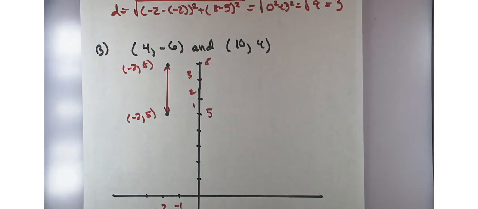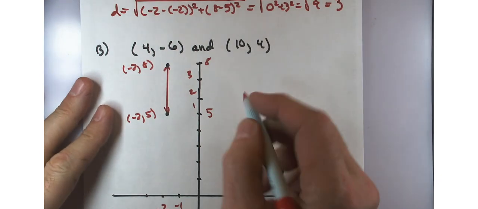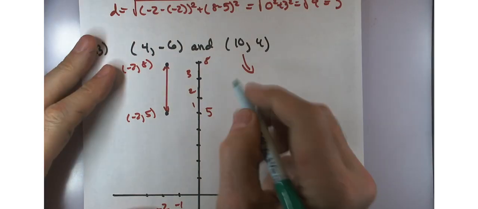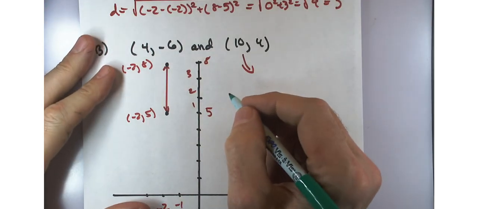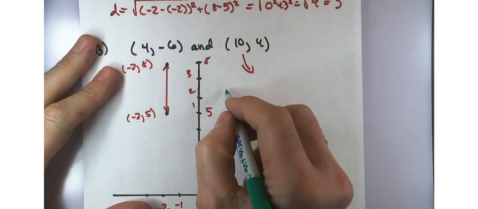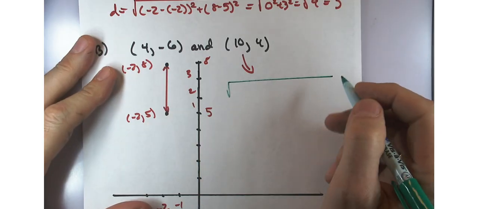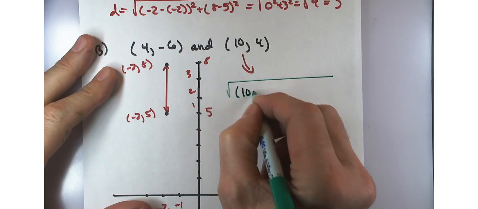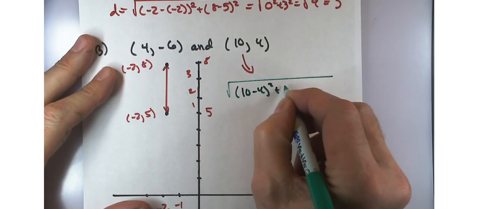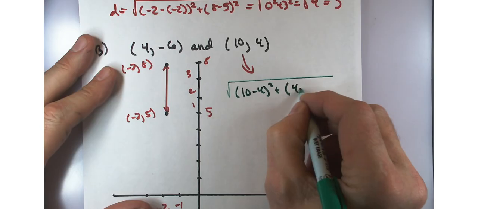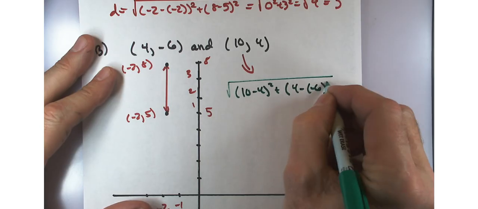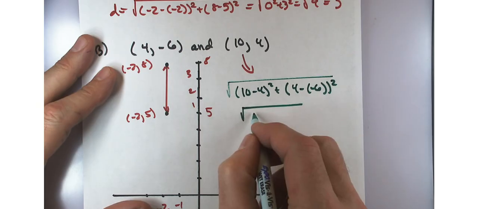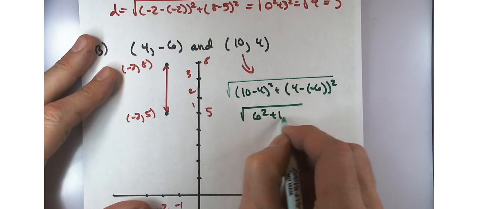The second one, I think, also worked out pretty nice. So let's do that one over here. Someone fill this in for me. Izzy. So I wrote the square root of (10 minus 4) squared plus (4 minus -6), and that gave me the square root of 6 squared plus 10 squared.